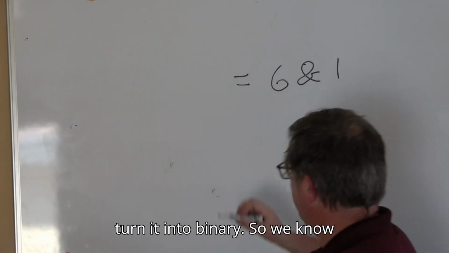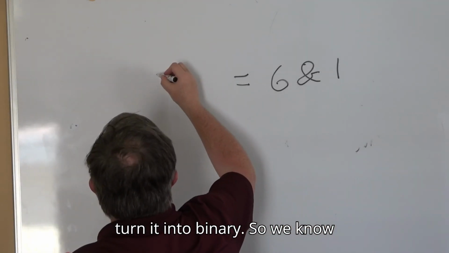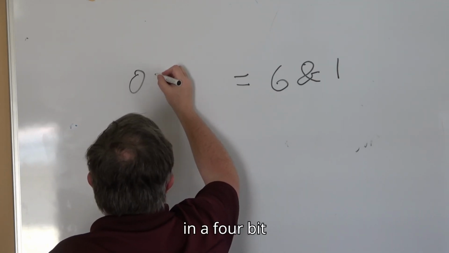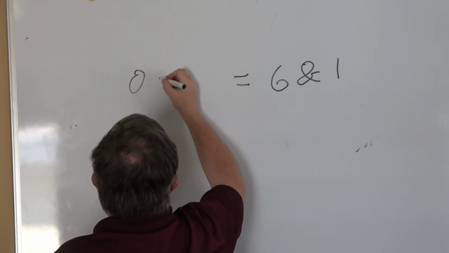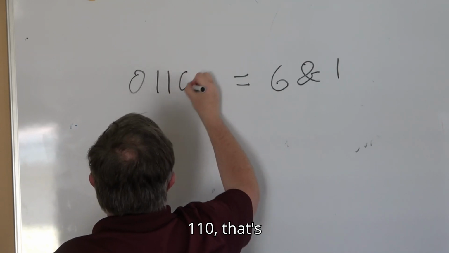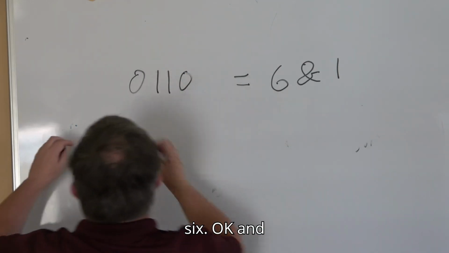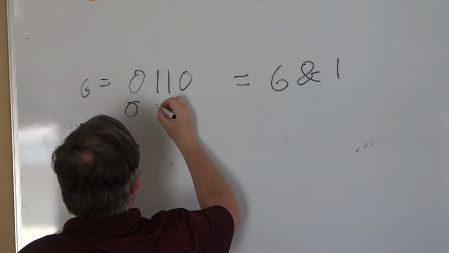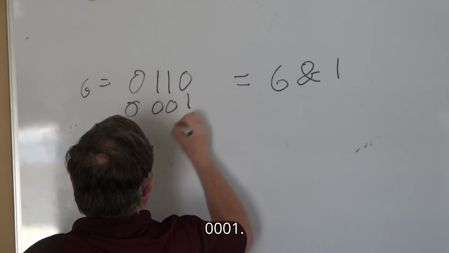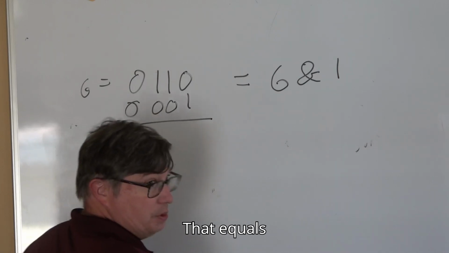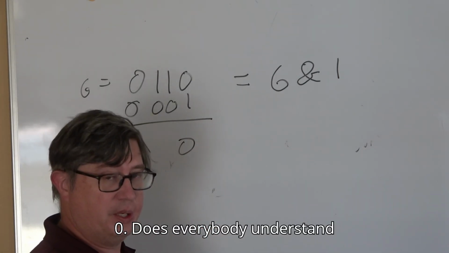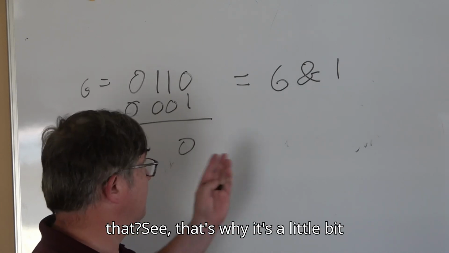First we turn it into binary. In a 4-bit, 0 1 1 0, that's 6. And 1 is 0 0 0 1. That equals 0. Does everybody understand that? So that's why it's a little bit different.